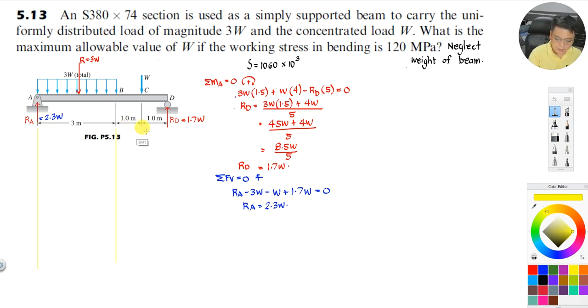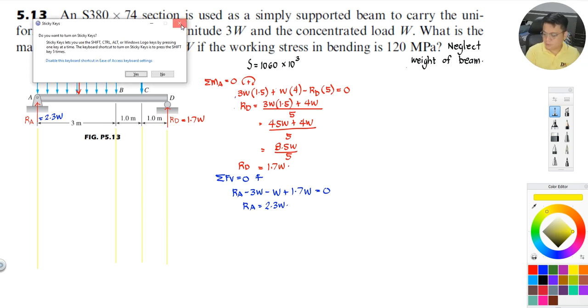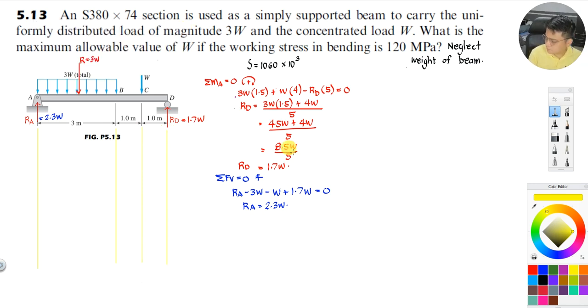Alright, yan. Okay, we can have this one. Okay, so angat tayo. So we will be having here, angat tayo ng 2.3. Okay, so you can have it as 2.3.